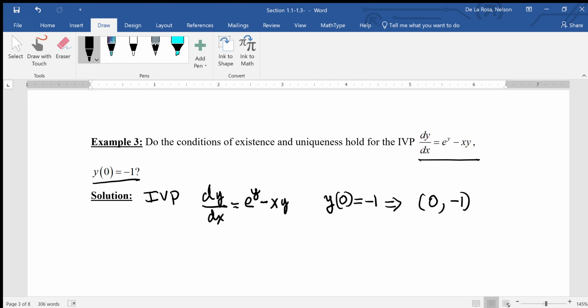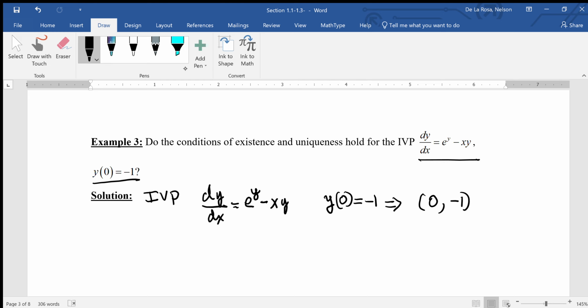Now, there is a theorem for existence and uniqueness that states that two conditions should be met for a differential equation, so that the solution exists and the solution is unique. So what conditions are those?